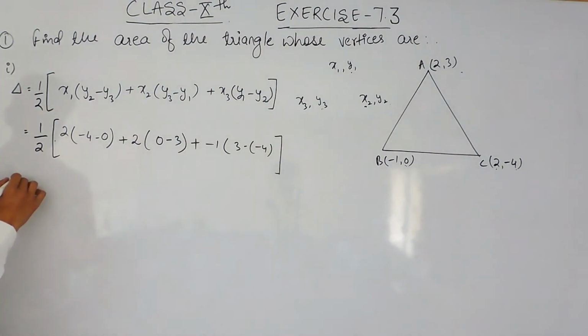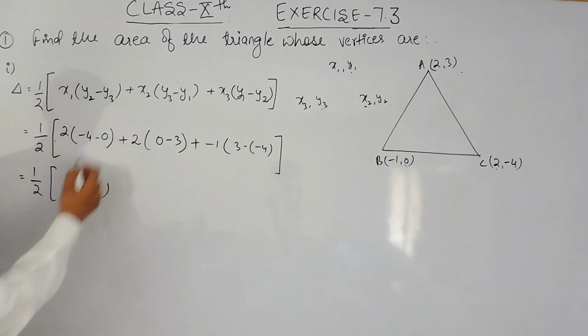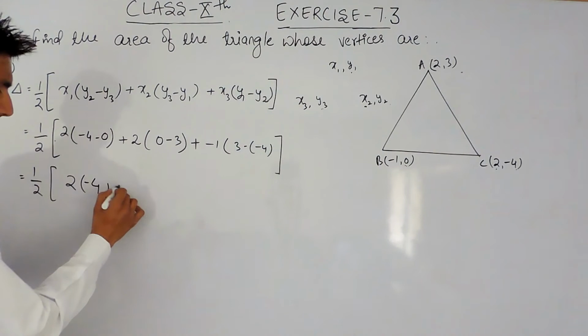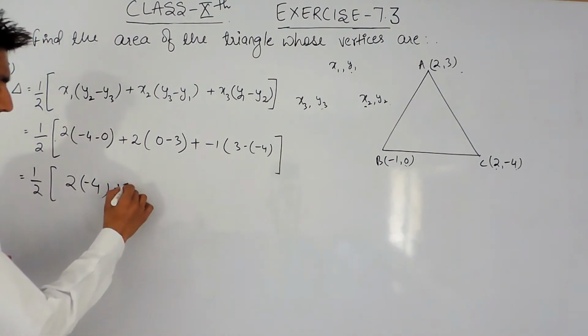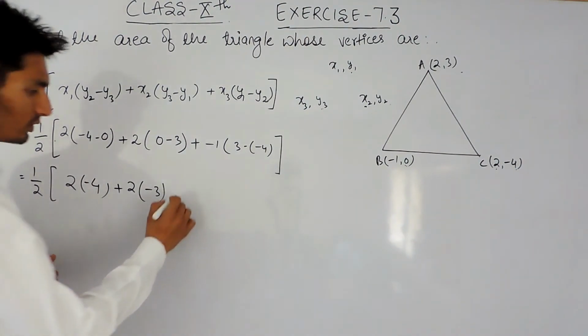Now solve this further. This will be half, 2 multiplied by minus 4, because when 0 is subtracted from any number, the same number will come as your answer. Similarly, when 0 minus something, again the same number will come as your answer.